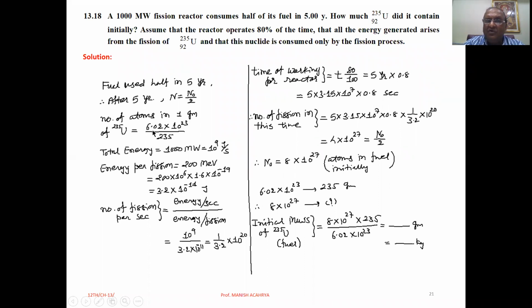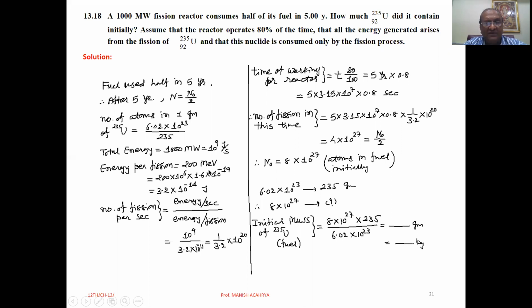Let's calculate this N0, then using the unitary method we will calculate the mass. Now the total power of the reactor, 1000 megawatt, means 10 raised to 9 watt, that is 10 raised to 9 joule per second. Now the energy per fission is 200 MeV.